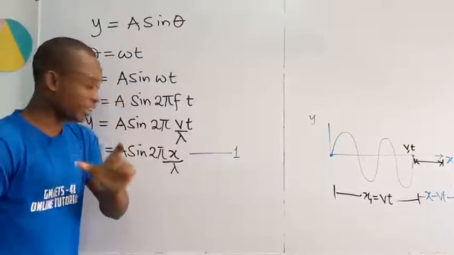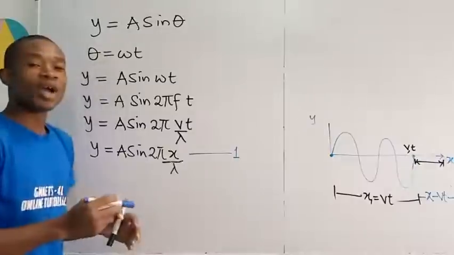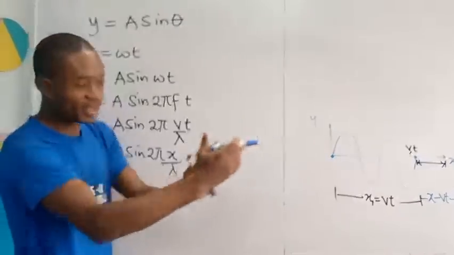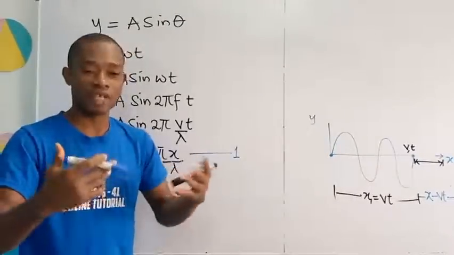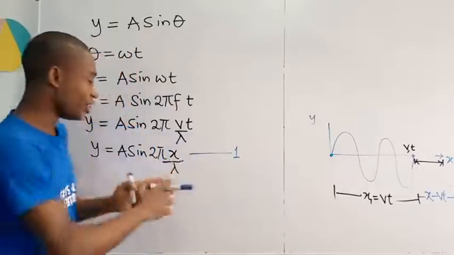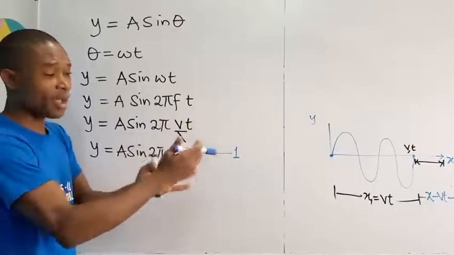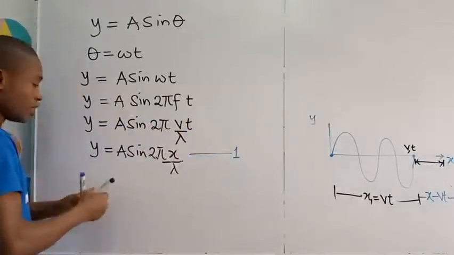So what we're going to do here is come back to this equation 1. In place of this distance, we are going to replace the leftover distance, which is x minus what? Vt. Are you following? It's a kind of substituting for this distance. We're going to respect the leftover distance to be covered, which is x minus what? Vt. So let us do that and see, please.